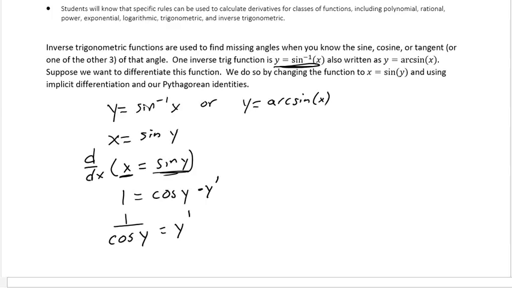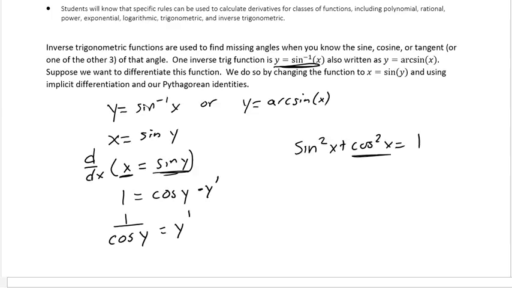Okay, so what we're going to do is take that, and something we know is that sine squared of x plus cosine squared of x equals 1. That's one of our Pythagorean identities. And we're going to solve that for cosine.